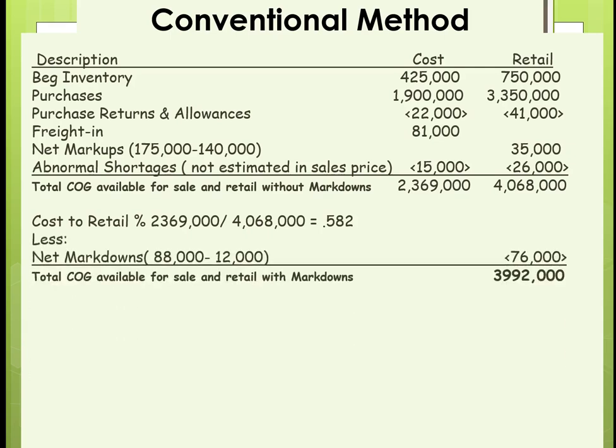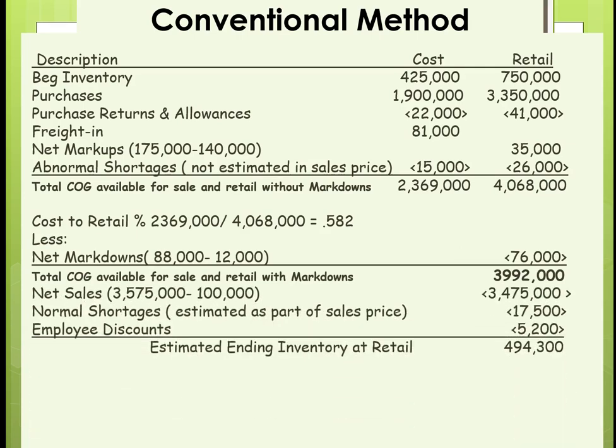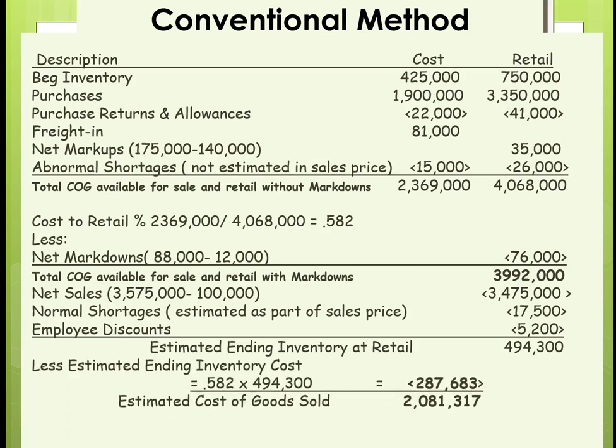We're then going to subtract our markdowns and our net sales and shortages and employee discounts. And we're going to take that percentage times our estimated ending inventory at retail. That gives us our estimated ending inventory that we can subtract from total cost of goods available for sale at cost to give us our estimated cost of goods sold. And that ends Part 2.